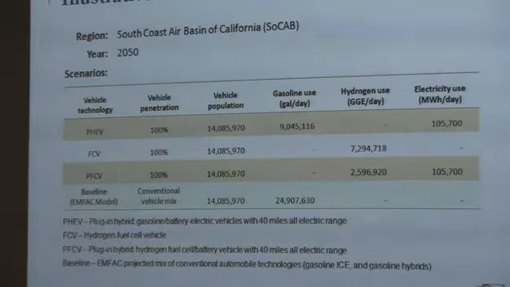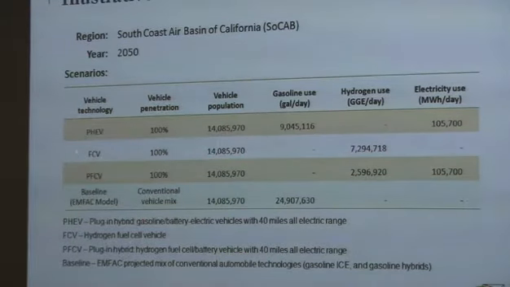The year is 2050. We have three different vehicle technology scenarios. The PHEV is a plug-in hybrid electric vehicle, so that means it uses gasoline and electricity. The assumption here is that it uses 40 miles of electricity, and after that the gasoline takes over.